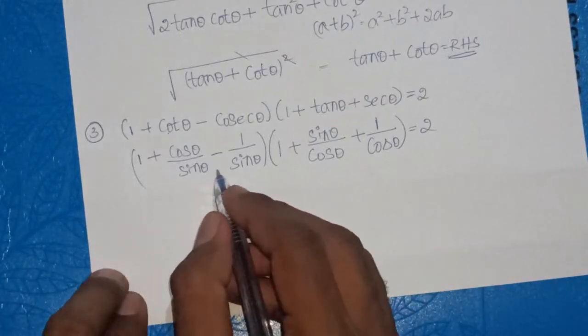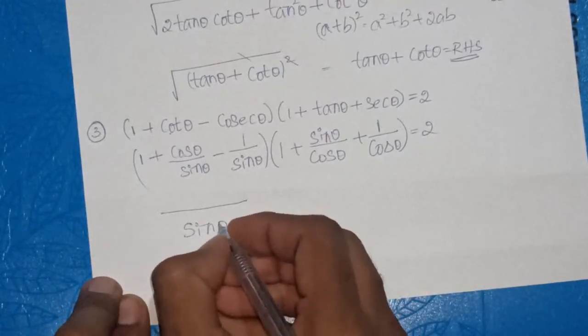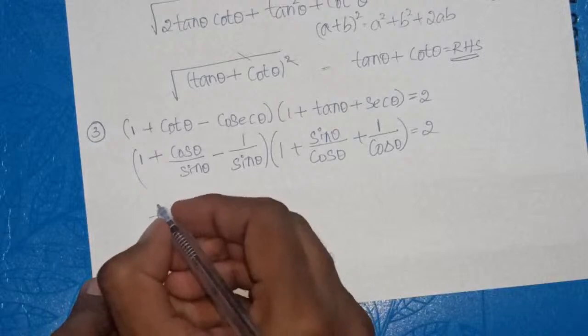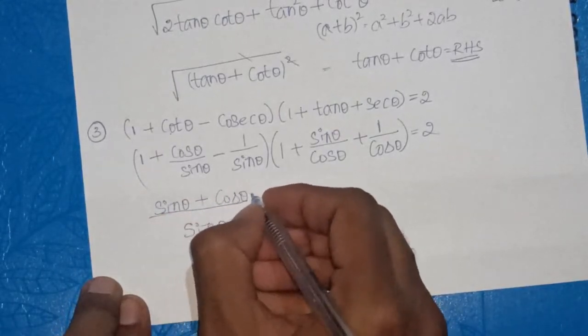So by taking LCM, here we will be getting sin theta, and here we have nothing, so it will become multiplied with sin theta plus cos theta minus 1.